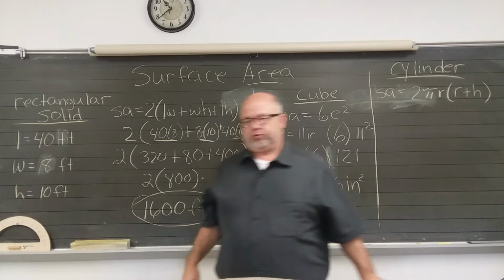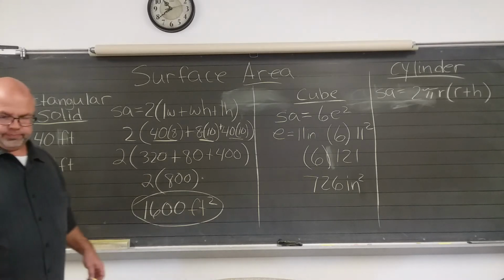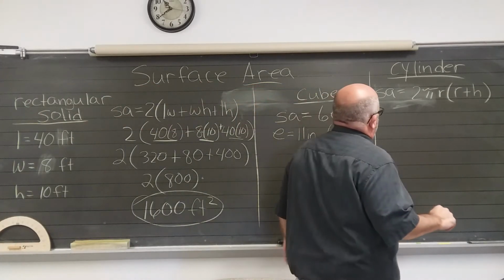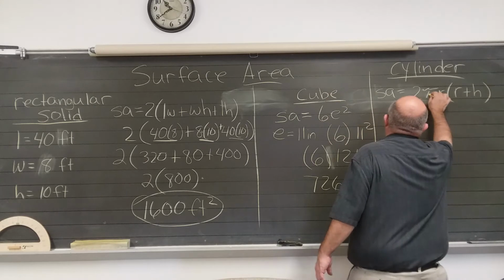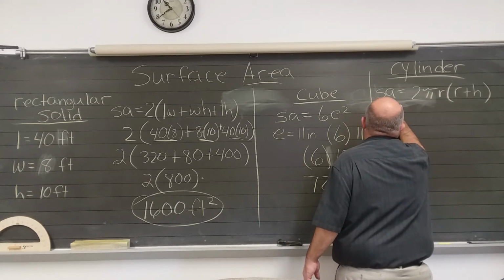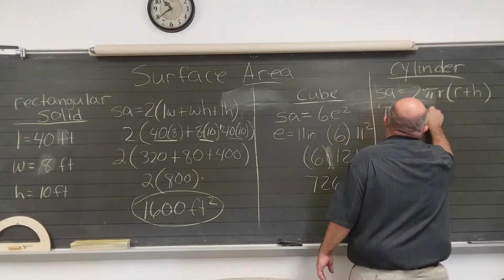Let me make sure all that is on the video. It is. So, make sure we know what this symbol means. Pi is always equals 3.14.